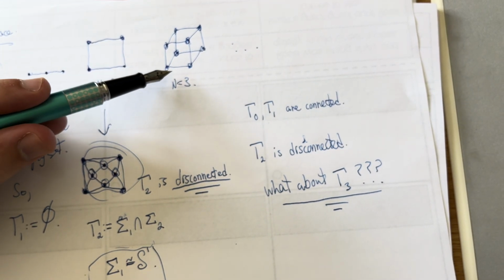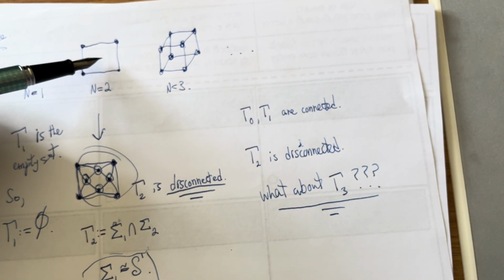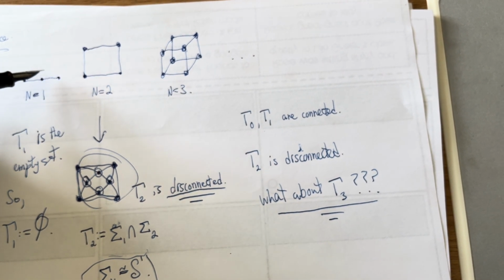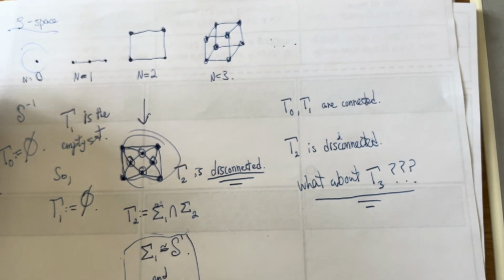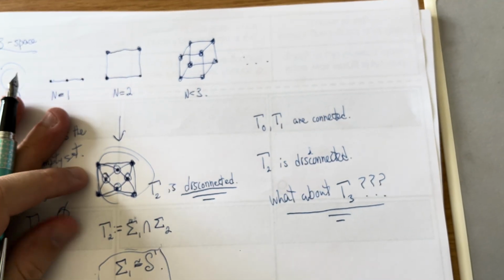So in n equals 3, there's a lot of complexity that explodes, whereas n equals 2, n equals 1 and n equals 0 have barely any complexity. And I'll try to get to what I mean by complexity.